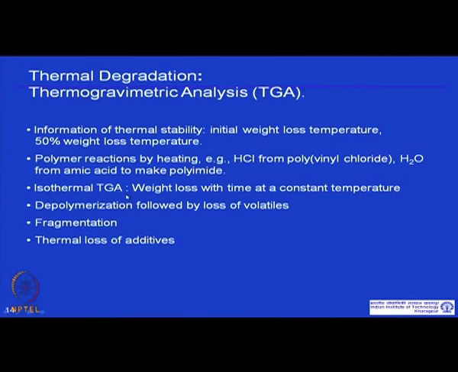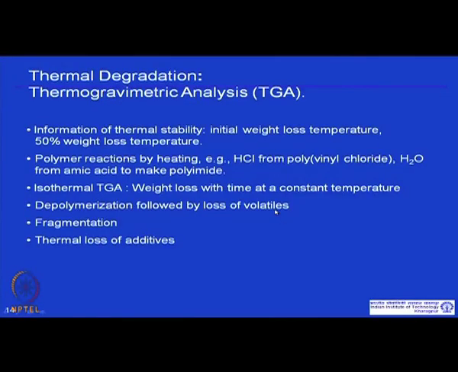We can also do isothermal TGA, where weight loss is monitored with time at constant temperature. That will give us some idea if we keep that polymer at that particular temperature for a long time, especially at elevated temperature, whether some degradation or decomposition is happening or not.